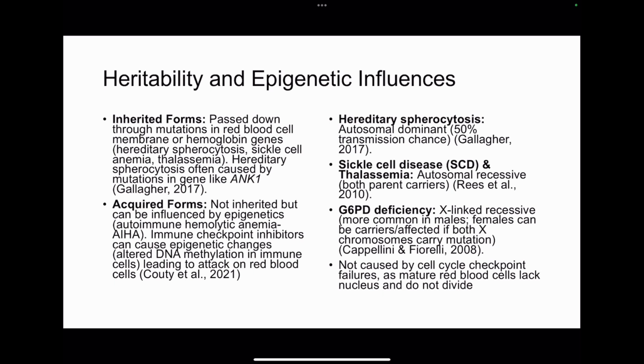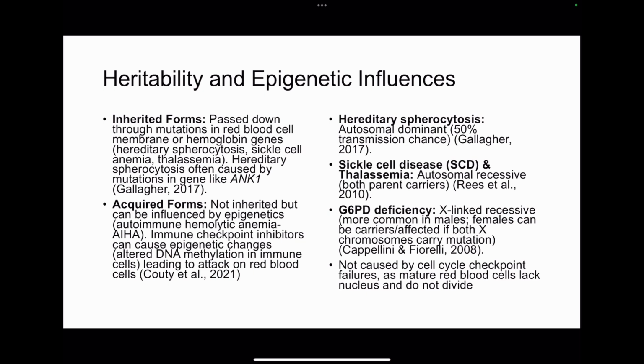Heritability and epigenetic influences. So, hemolytic anemia presents a complex picture regarding its origins, as it can be both inherited and acquired. Inherited forms such as hereditary spherocytosis, sickle cell anemia, and thalassemia are passed down through mutations in red blood cell membranes or hemoglobin genes. For example, hereditary spherocytosis is often caused by mutations in genes like ANK1, affecting red blood cell shape and leading to early breakdown.